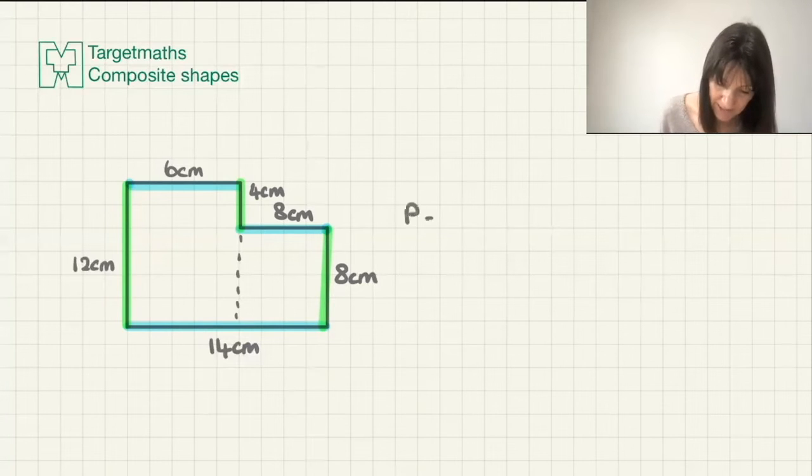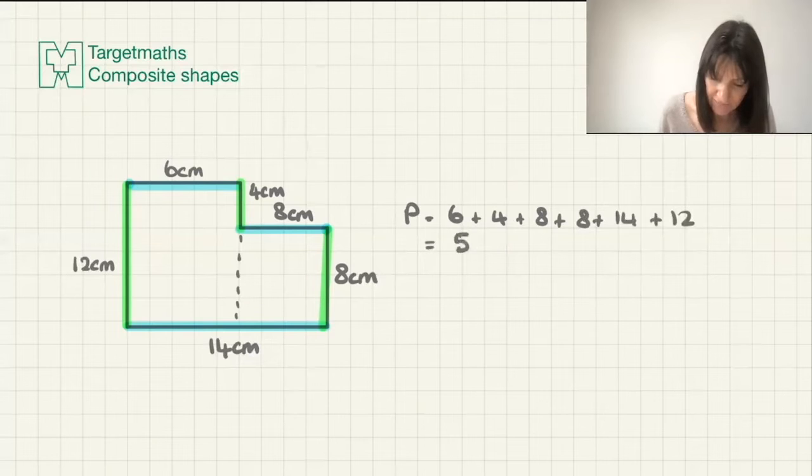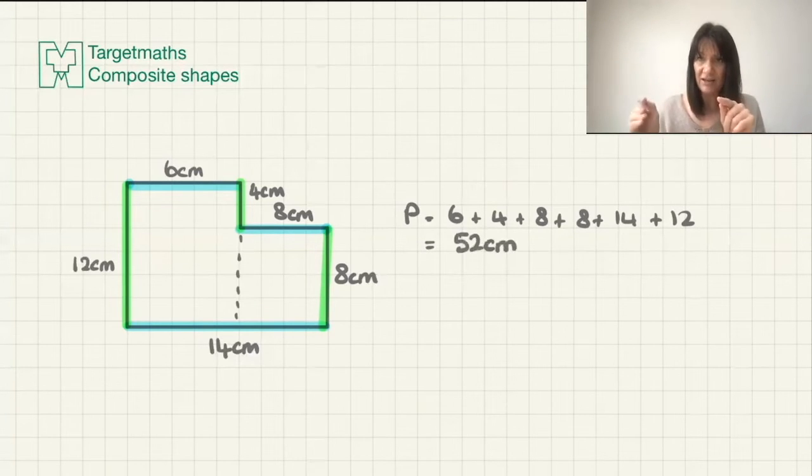So the perimeter is 6 plus 4 plus 8 plus 8 plus 14 plus 12. And when you add all of that together, you get 52 centimeters. Perimeter is just a length, so it is literally just 52 centimeters.